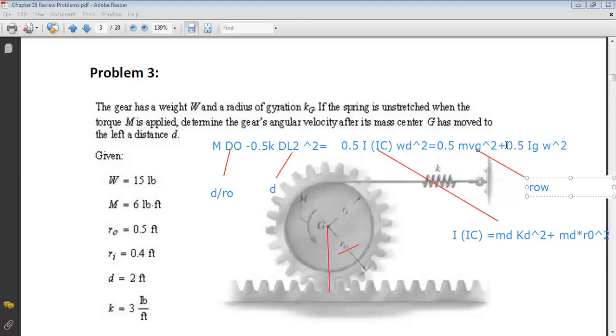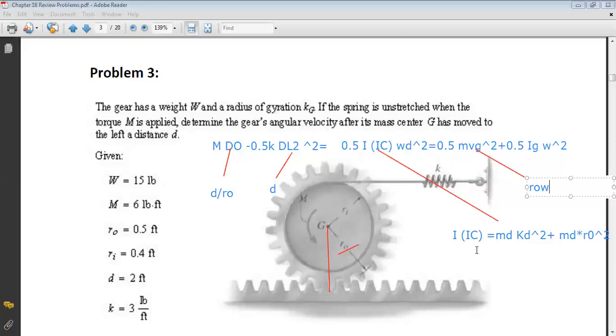So if you replace Vg by R0 omega and you take into factor omega squared, you will get in brackets this term, which is the inertia about IC. So it's equivalent. Okay? Okay, thank you.